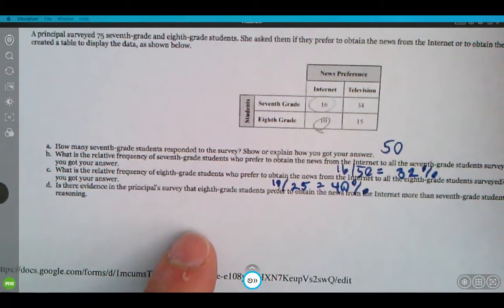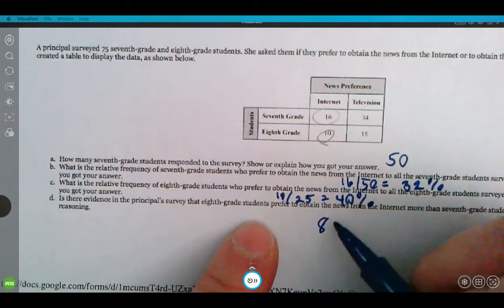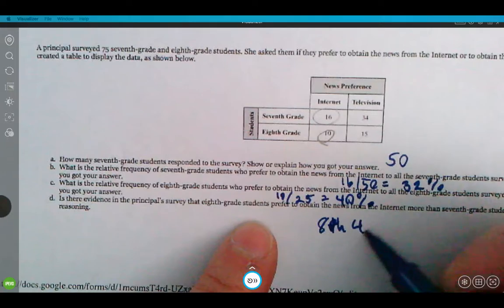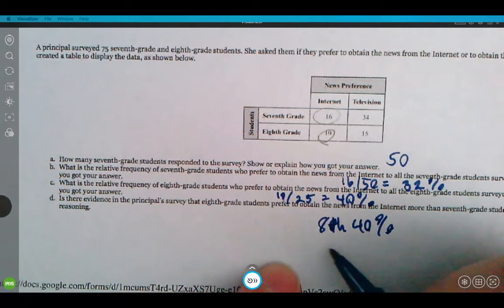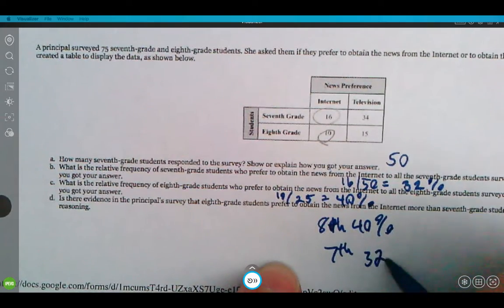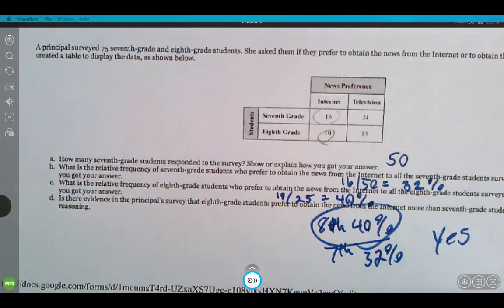Well, we just learned that 8th graders, 40% want it from the internet. If you look in 7th grade, we just saw it was 32%. So that's higher. So the answer is yes, there is clear evidence.